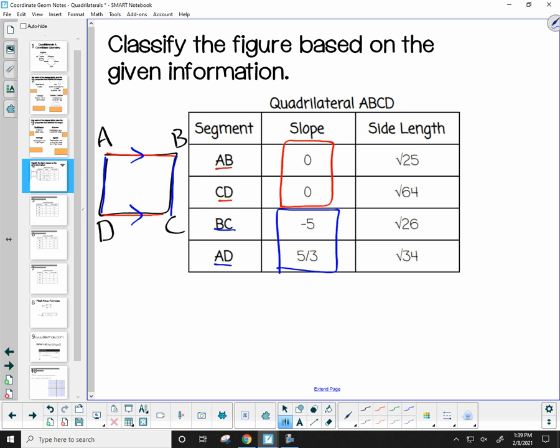So my side lengths, are these two sides congruent? They're not, right? So it's just going to be a trapezoid. And that's it.